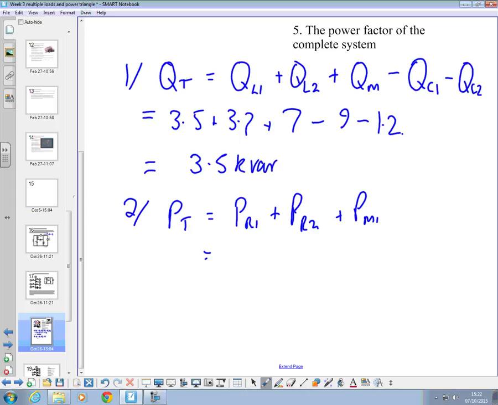We've got 12.5 kilowatts plus 6 kilowatts plus 13 kilowatts equals 21.5 kilowatts, I believe. All fairly simple stuff so far, but you have to know that it is the sum of all the individual ones, the underlying electrical principle involved.